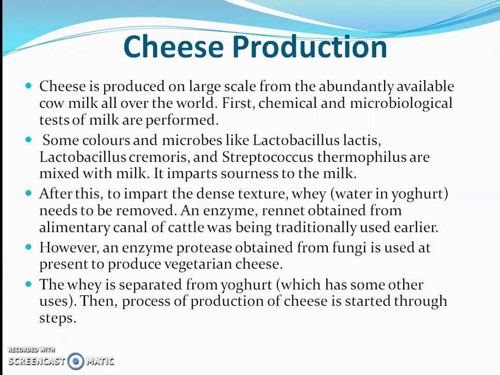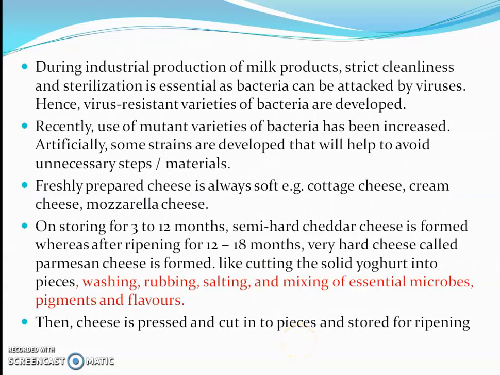Then the process of cheese production is started step by step. Now the total process of cheese production is not there in the syllabus, but how milk is prepared in formation of cheese is very important and you have to learn this. During industrial production of milk products, strict cleanliness and sterilization is essential as bacteria can be attacked by virus.